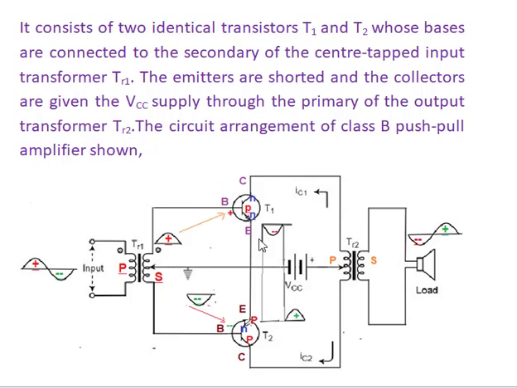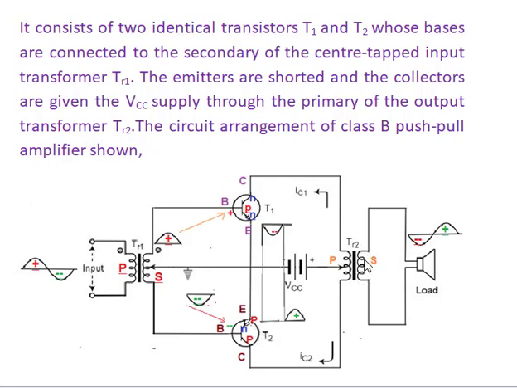And the collectors: the collector of transistor T1 and the collector of transistor T2. Both are given the power supply plus VCC here. The plus VCC is connected to the primary of another transformer TR2. The primary is connected to the collector of transistor T1 and the collector of transistor T2.